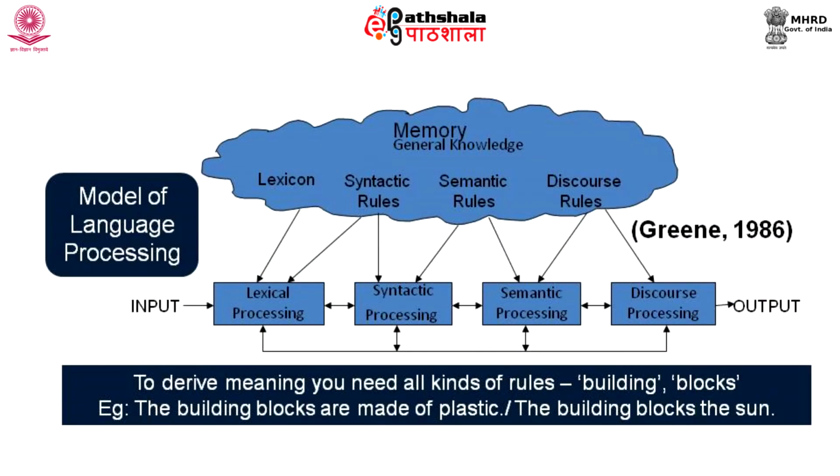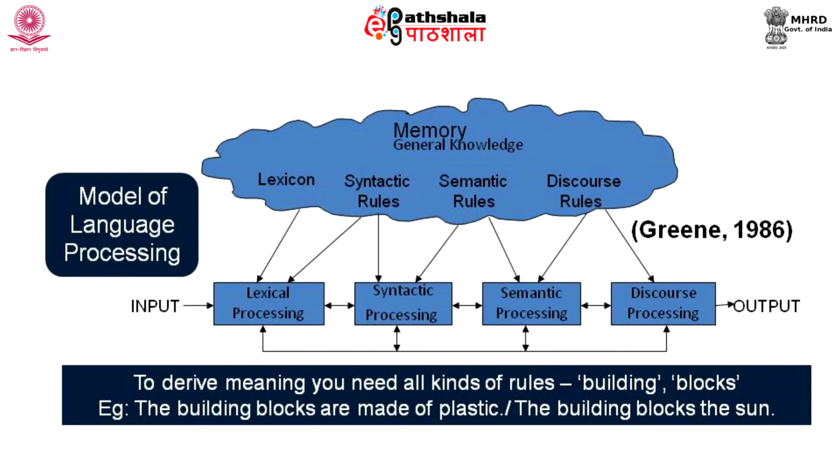Now this is a model of language processing, where you see that lexical processing, syntactic processing, semantic processing, discourse processing, all of them take place simultaneously. They are not in a linear order, but the processing happens simultaneously, and it also takes in information from our memory.